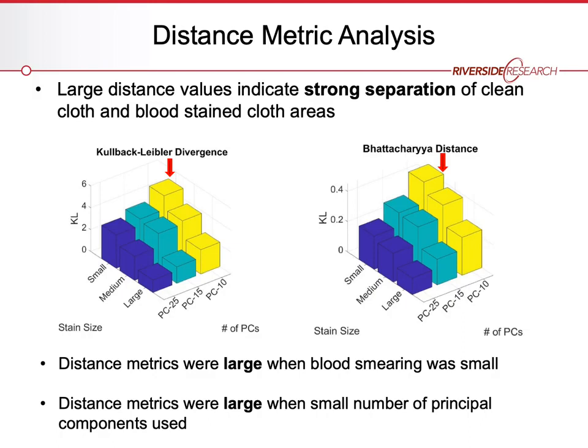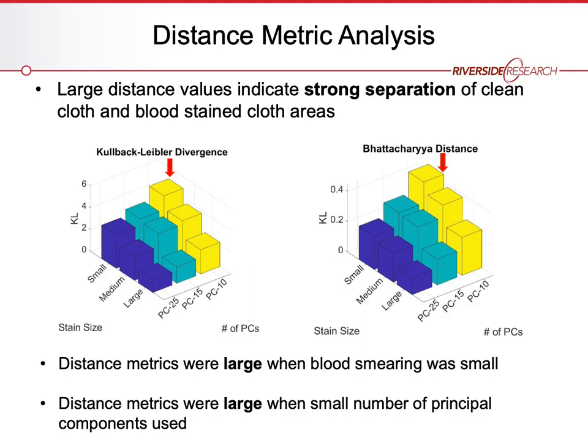And so these are basically the Kullback-Leibler divergence and the Bhattacharya distance. What you can see is that the distance metrics are large when the blood smearing was small. That means when you have little blood smearing, which is what you would expect, which is shown here basically on this axis, and the distance metrics were large when small numbers of principal components were used, where the principal components are shown on this axis.